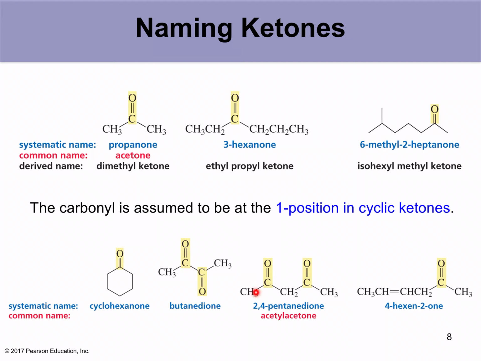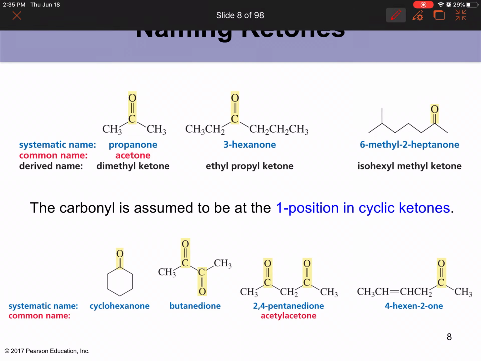Okay, and then this is a 5 carbon long chain, and you have ketones or carbonyl groups at the 2nd and the 4th position. 2,4-pentanedione, or acetylacetone. Acetylacetone is this compound, because this group is an acetyl group.